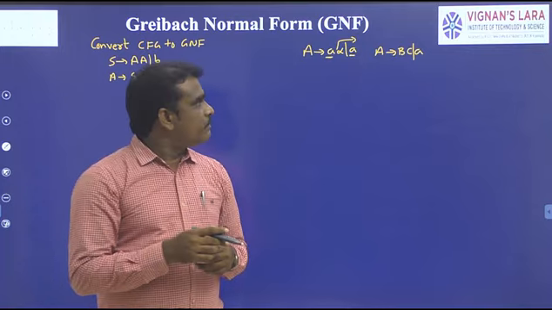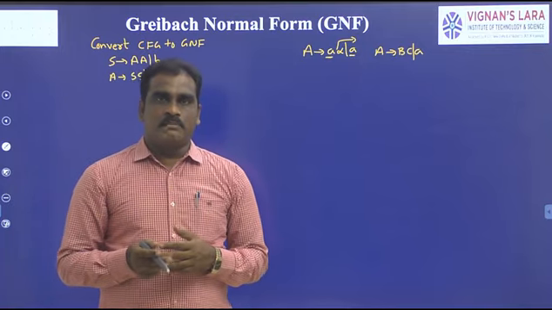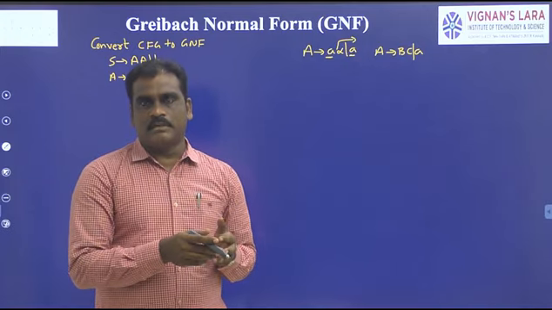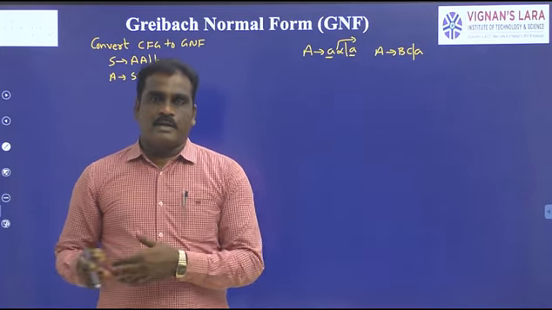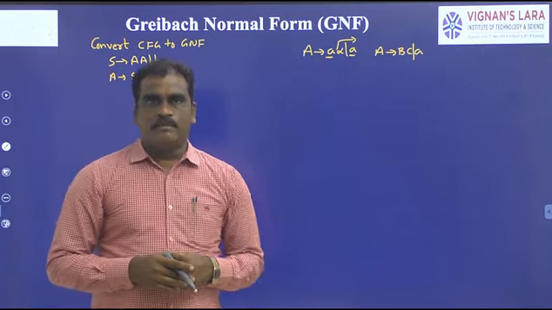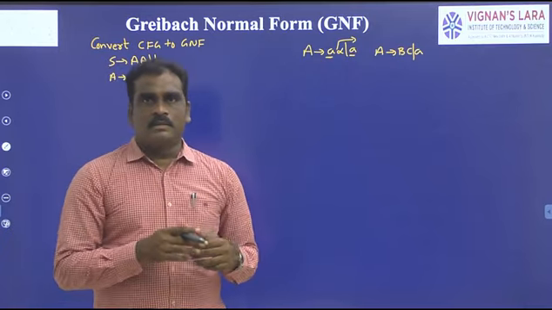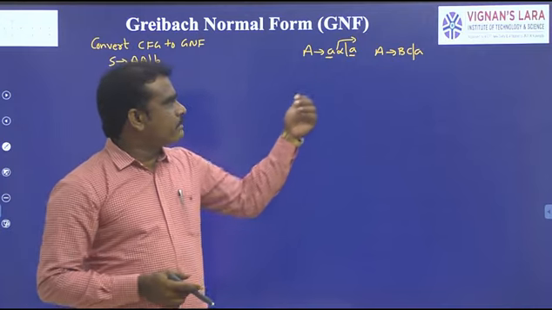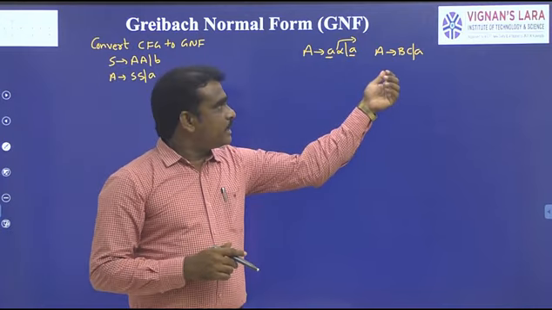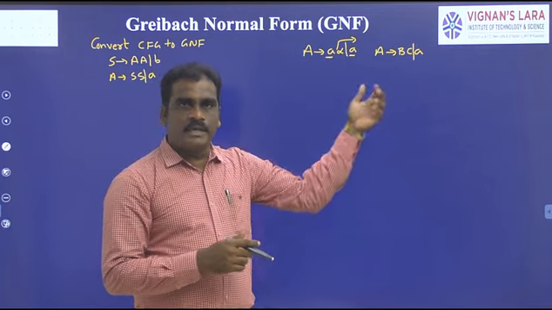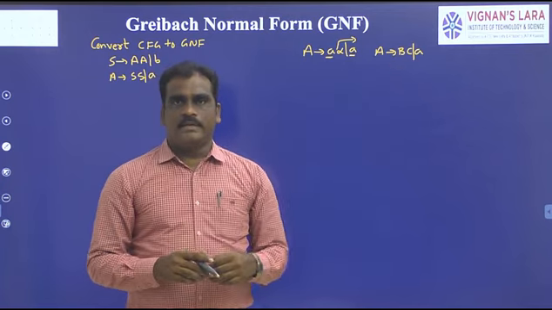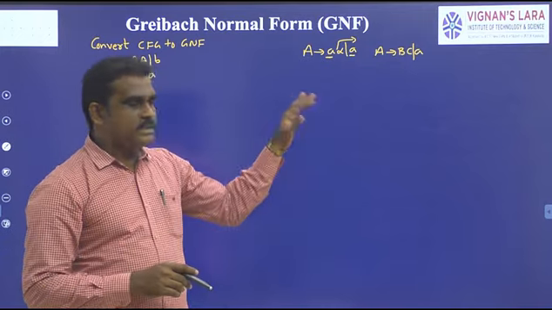So step 2 is optional; sometimes it depends upon the grammar. If it is required, we convert it into CNF form. Otherwise, we can directly convert into GNF form after simplification of the grammar. So this is the procedure.